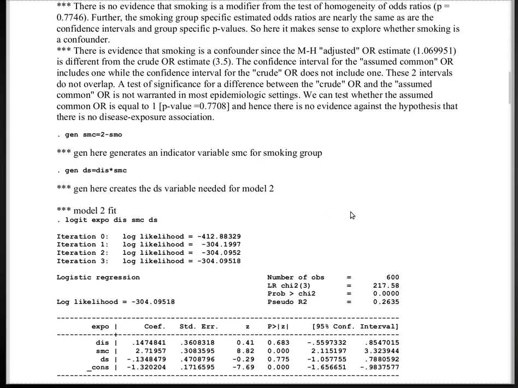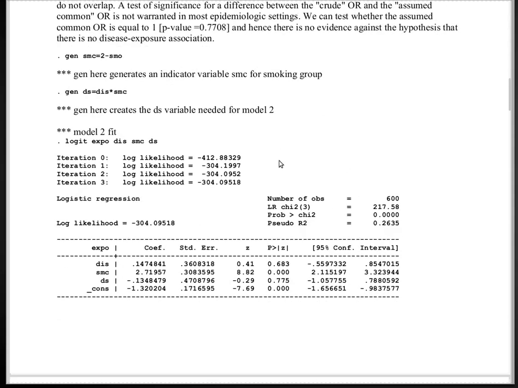And indeed, if we fit such a model, the command in Stata is just logit. Then you specify the outcome, which is the exposure and the disease status.